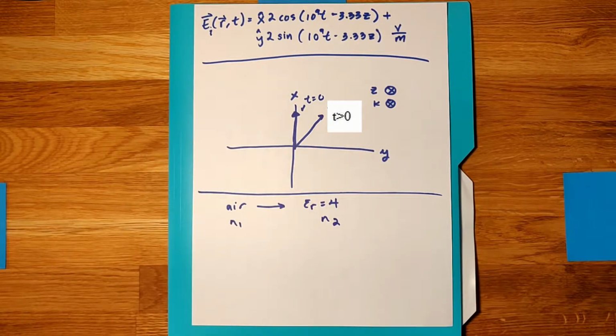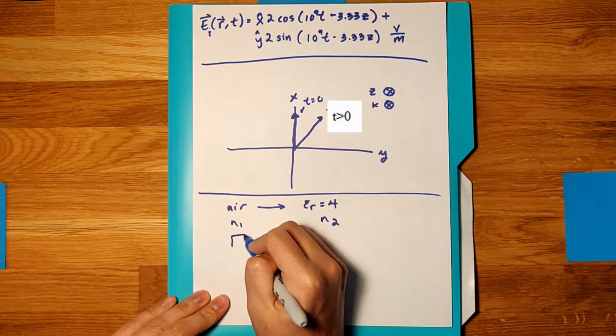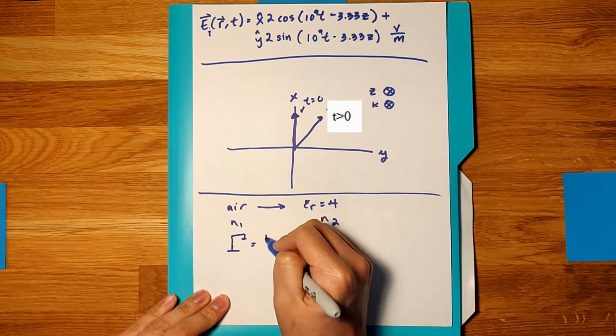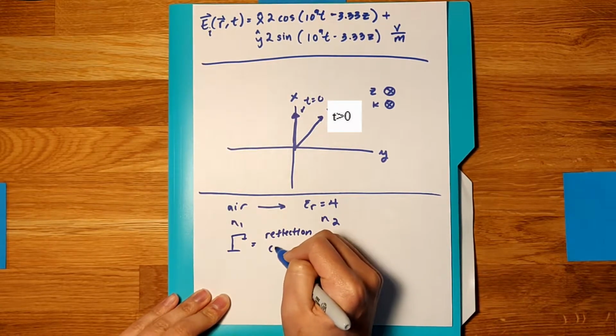To find the reflected, we can simply use gamma, which is also known as the reflection coefficient.